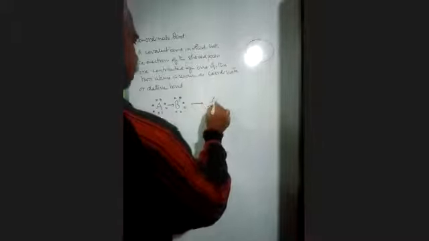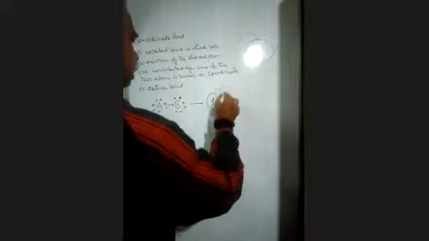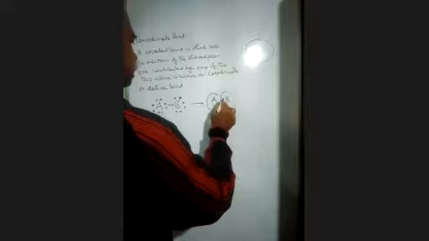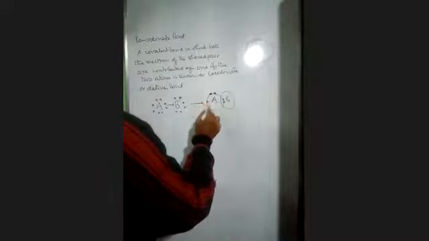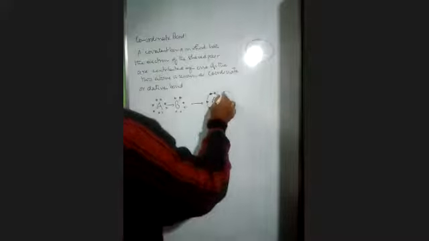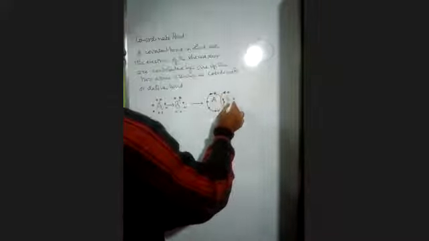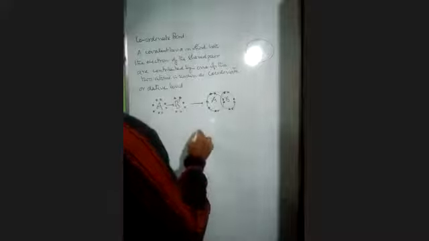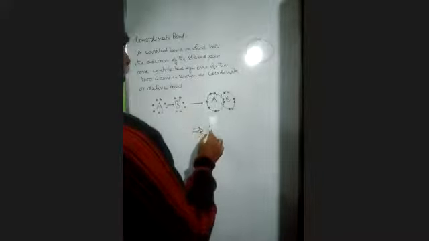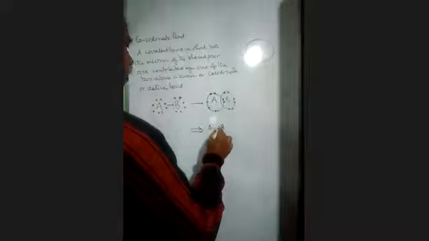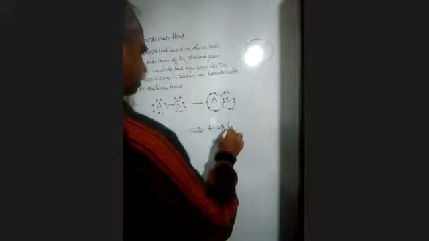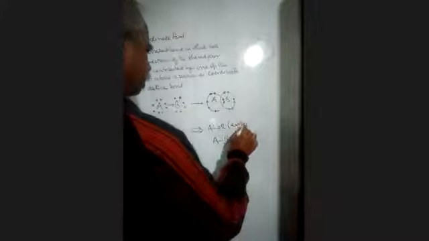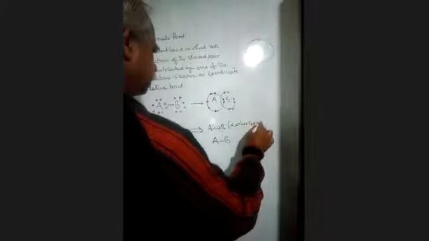I'll write now here A, B. See here, these electrons are not given by B. I did not write anything here. Generally, this type of bond earlier used to be written like this, but we do not write it like this. We write like this. This is the earlier concept.